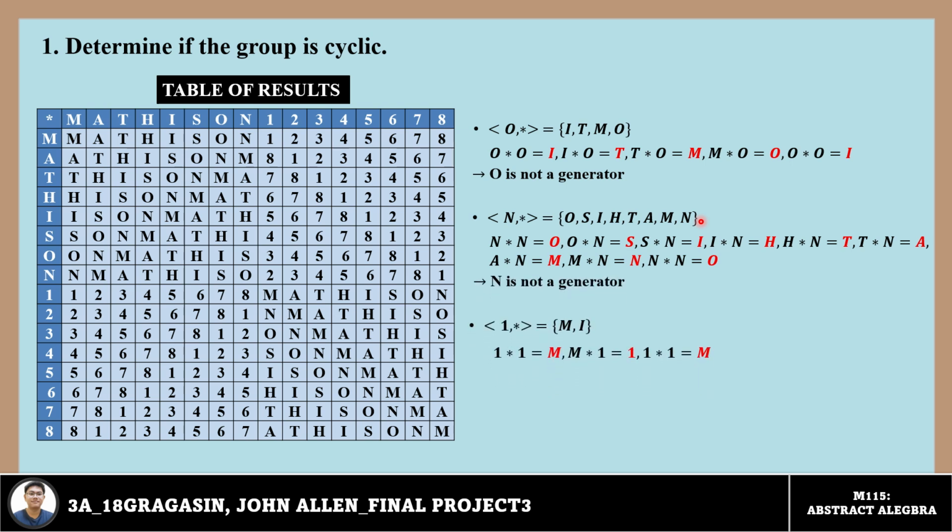And then next, we have here the element 1. So when we operate 1 to itself, we get M, and then M star 1 is 1, and then 1 star 1 is equal to M. As you can see here, the resulting elements are only M and 1, and it doesn't generate the entire set G. Therefore, the element 1 is not a generator.